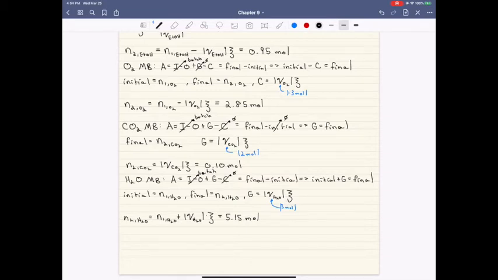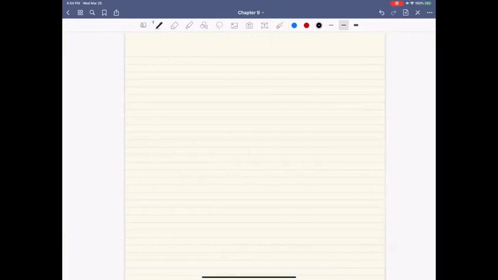So now that we've solved for all the molar amounts in our problem, we need to proceed to the energy balance and solve for the enthalpies, and that will help us identify the temperature of our product stream. To start with that, we're first going to calculate the standard enthalpy of reaction for our reaction.